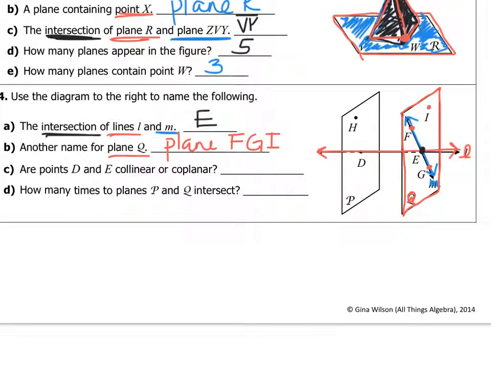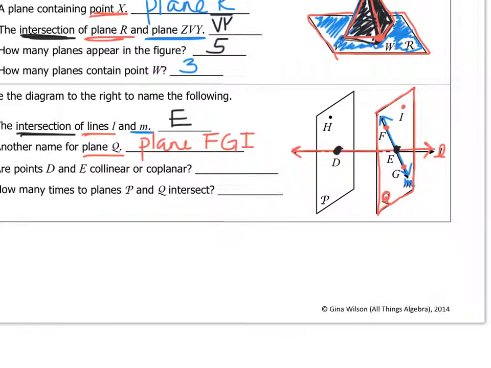Number 4, C, are points D and E collinear or coplanar? Points D and E are on the same line. They're both on line L. They're on different planes, however, because we have 2 planes.